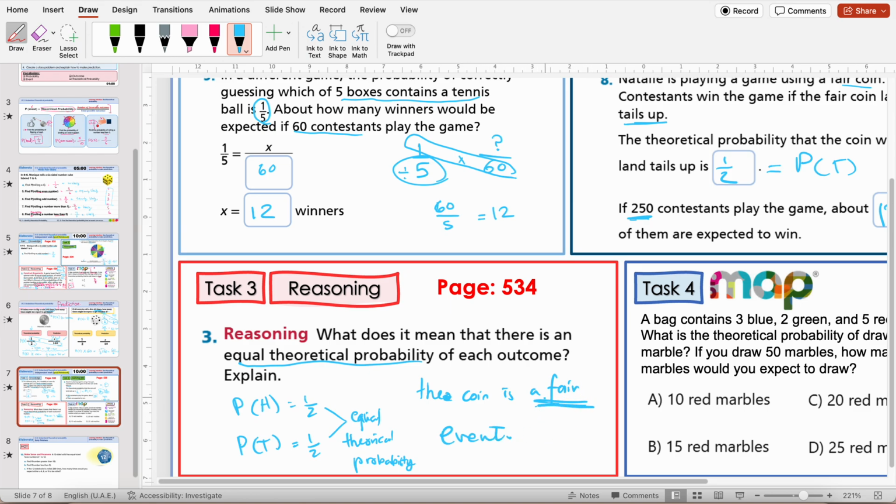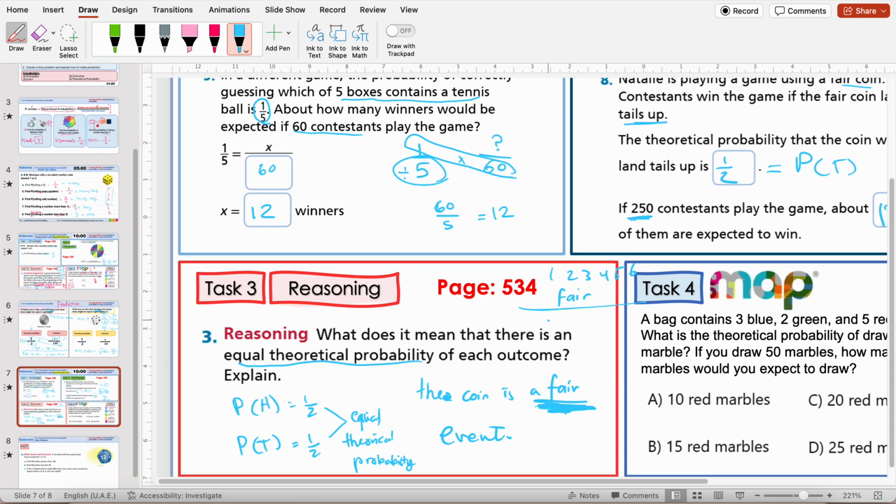We already discussed that it's a fair event if all outcomes have an equal chance. We said that if you have a dice and all of the numbers are 1, 2, 3, 4, 5, 6, different numbers, then it's a fair dice because each one has 1 out of 6 chance, equal chance.